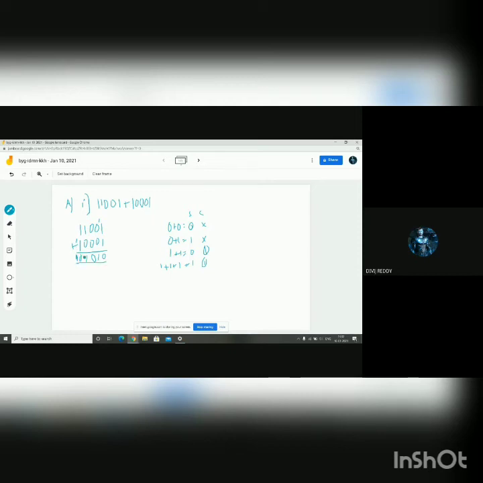So this is the answer we get when we add these two binary numbers. Answer is 1 0 1 0 1 0.